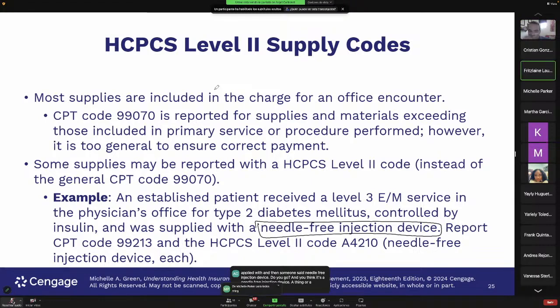It's a thing, right? I don't want you to use fancy words. It's a thing, okay? It's not a procedure. It's not something that we do. It's something that we give the patient. Here's a thing, okay? So because it's a thing, it's going to be a CPT or a HCPCS level 2.